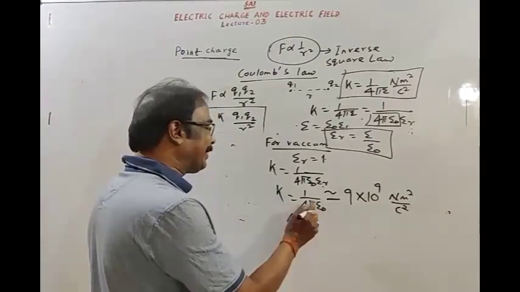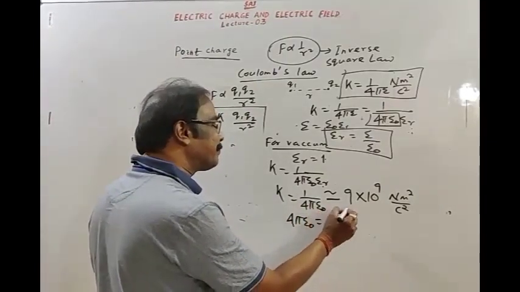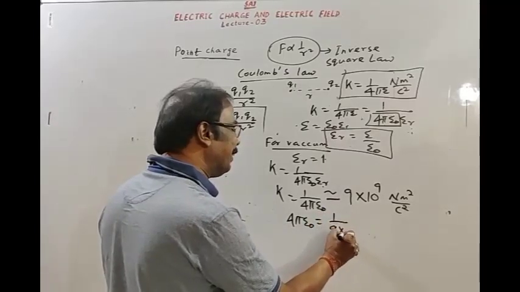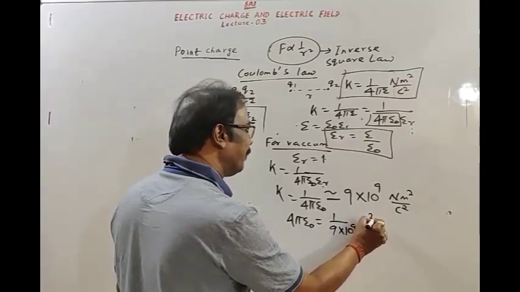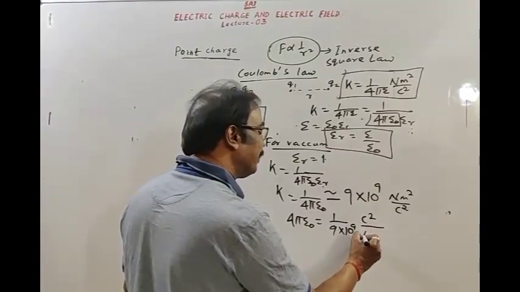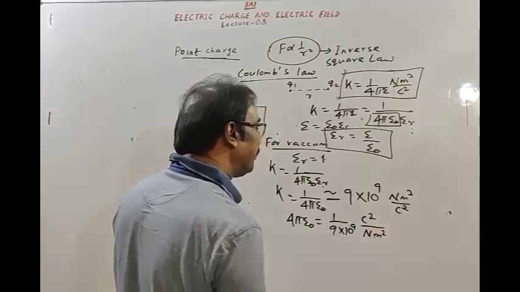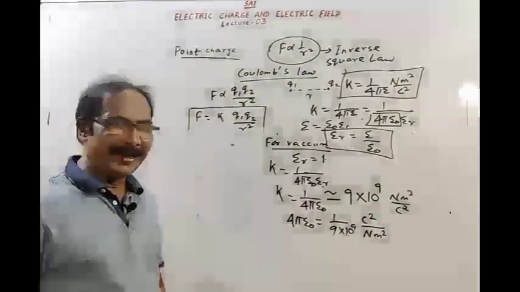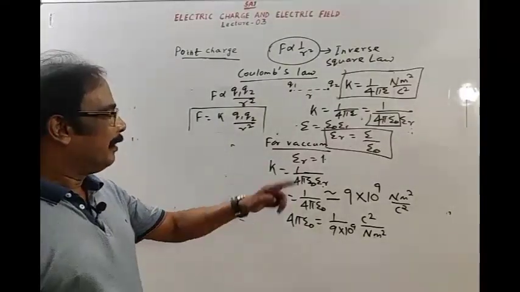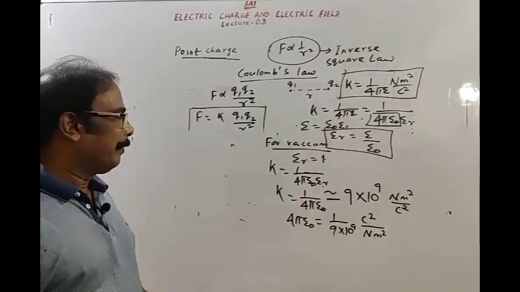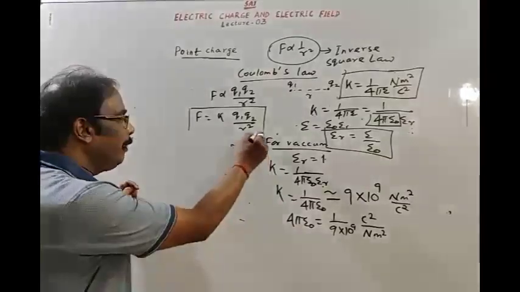The magnitude of 4 pi epsilon 0 is 1 divided by 9 into 10 to the power 9, and the units will be reciprocal, Coulomb square divided by Newton meter square. Okay. So the epsilon r value for vacuum is 1.